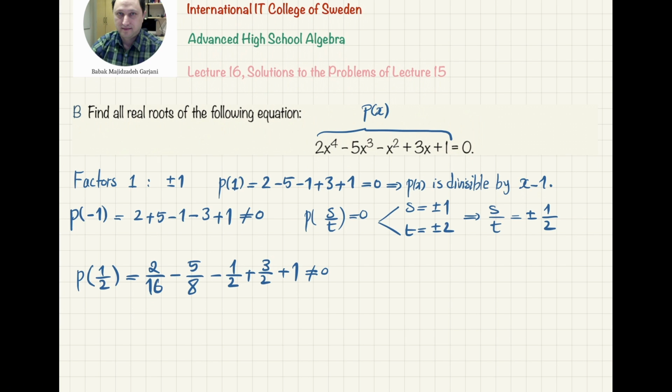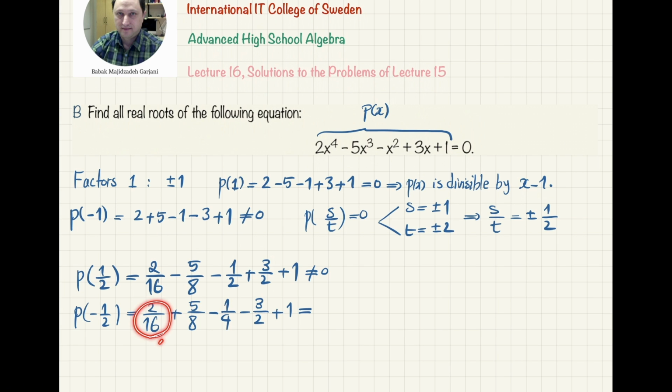Okay, so let me check p of minus 1/2. Then this becomes again 2 over 16, but the next one becomes positive 5 over 8 minus 1 over 4 minus 3 over 2 and then plus 1. Let us calculate this one as well.